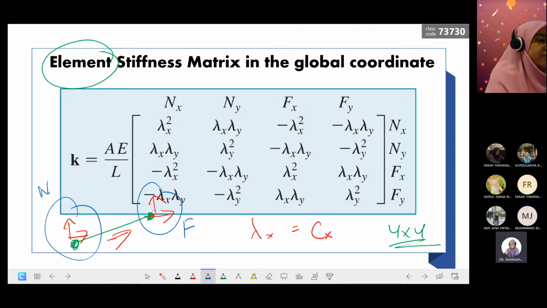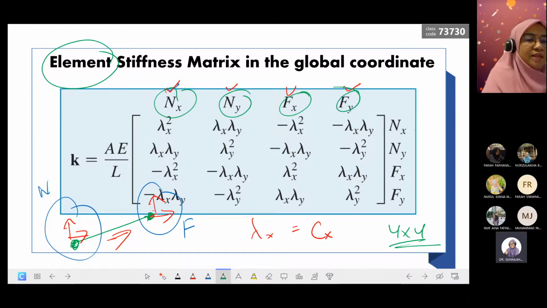That is why we have near X, near Y, for the near node, and we have far X, far Y. So in this element stiffness matrix, the label of this is very, very important. Later on, we will replace this with numbering. We need to always label this according to this position: near XY, far XY.